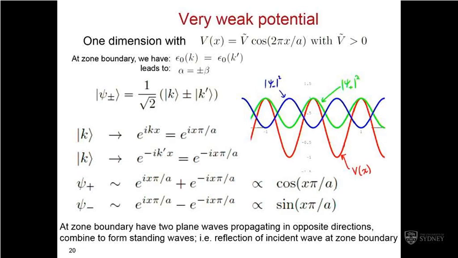It gives you a standing wave. So at the zone boundaries, we have standing waves. And they correspond to reflection of the waves at the zone boundary. So you've got one plane wave coming in at the zone boundary, and it's perfectly reflected off, and they add up to give you a standing wave. And the group velocity was 0, so that makes sense.